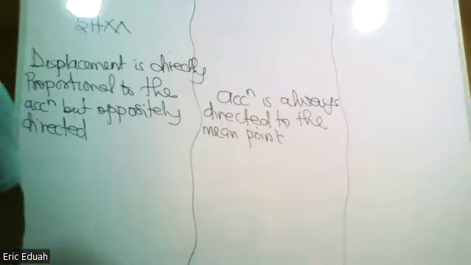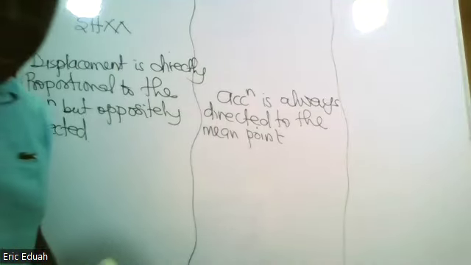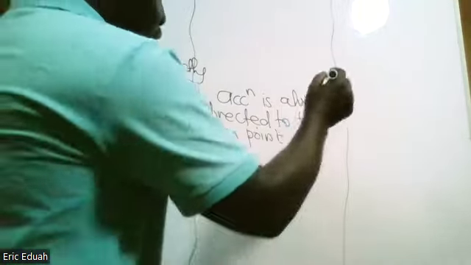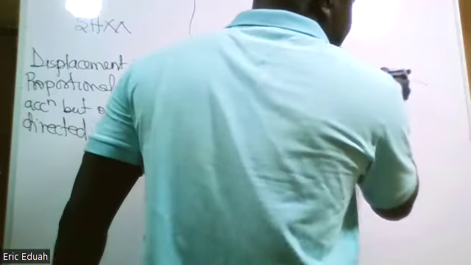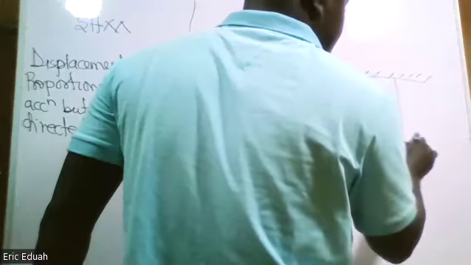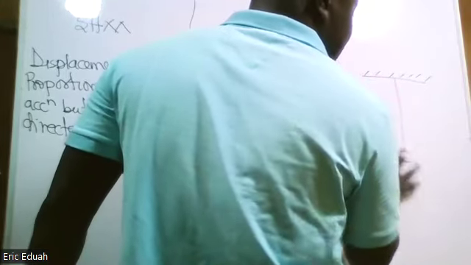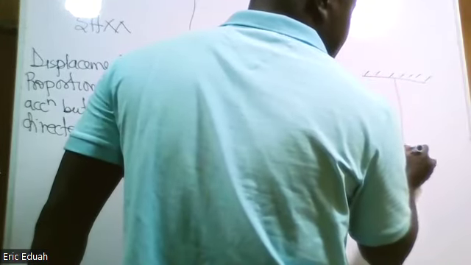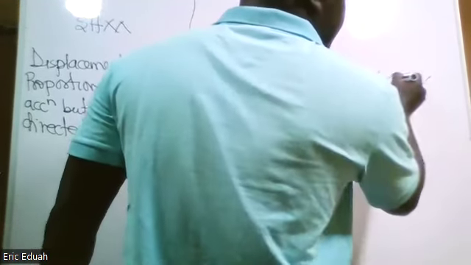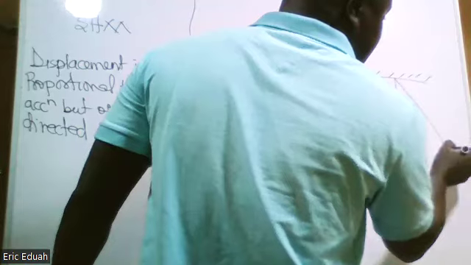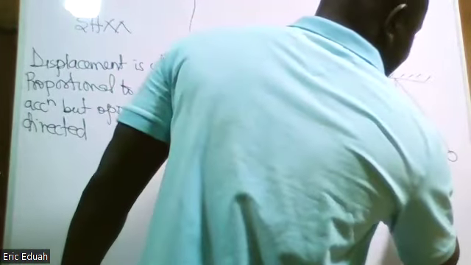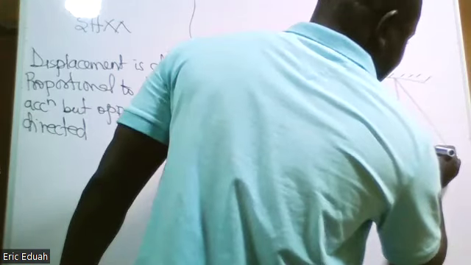Let me draw some. Please pay attention and then listen. I want to explain. This is a simple pendulum. This is the mean point, the mean point or fixed point. If I displace this in this direction, displacement in this direction, y.